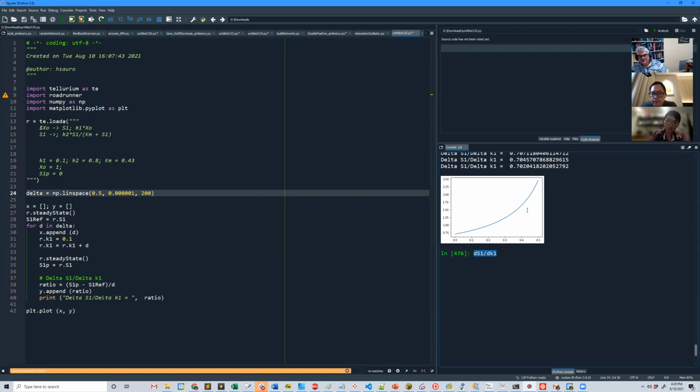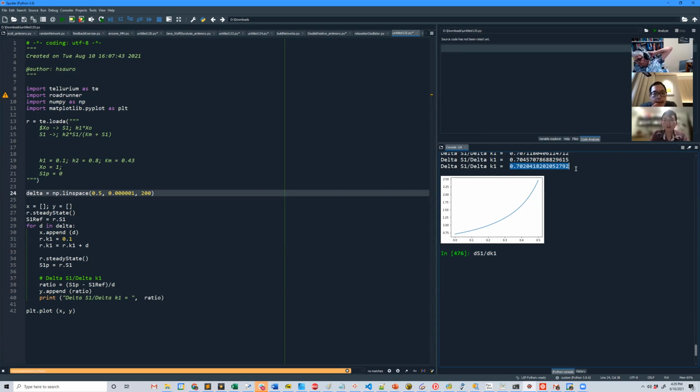The only time the ratio is unique is when delta K1 is infinitesimally small. So when you do perturbations, you really want to make small changes in K1, so you're down here near the derivative. Do you understand that?